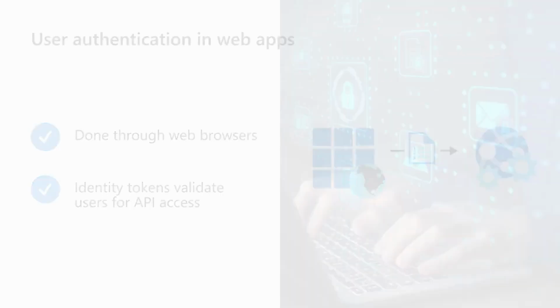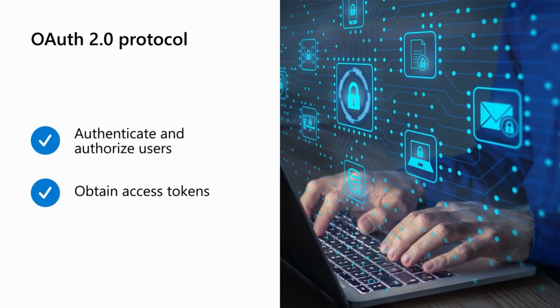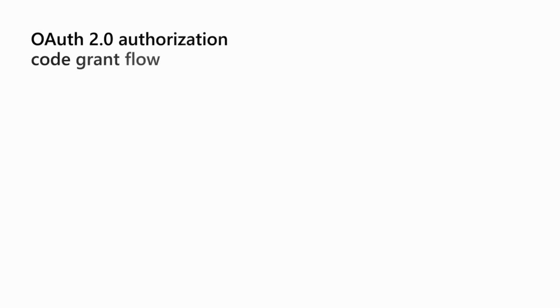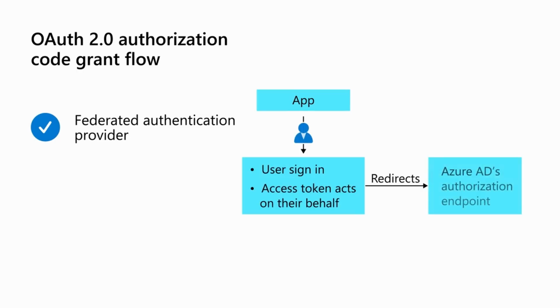These web apps typically use the OAuth 2.0 protocol to authenticate and authorize users and obtain access tokens to call APIs. Let's discuss the OAuth 2.0 authorization code grant flow. The OAuth 2.0 authorization code grant flow is common when websites or custom apps leverage Azure AD as a federated authentication provider. When the app needs a user to sign in or an access token to act on their behalf, it redirects the user to Azure AD's authorization endpoint to authenticate.